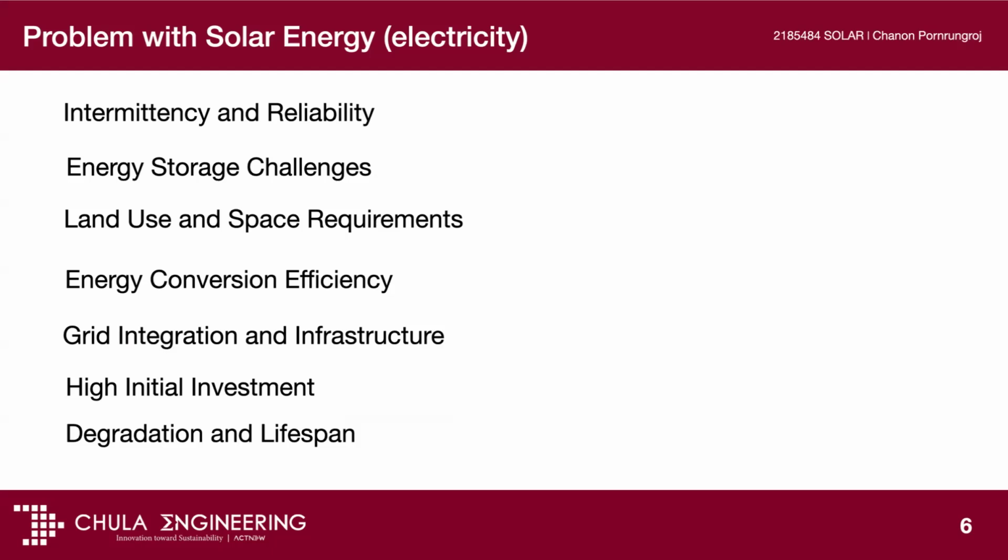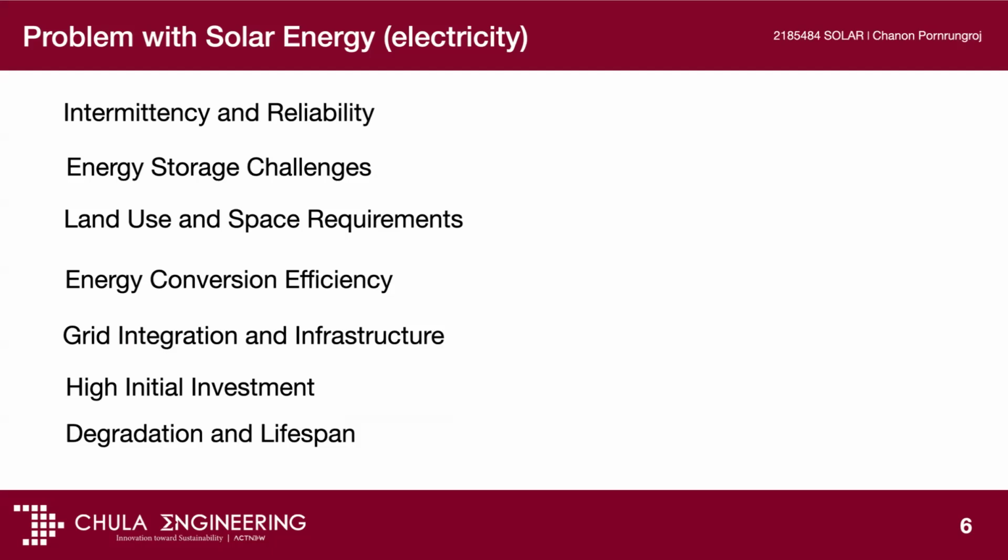And of course, the initial investment is one of the things, and the degradation and lifespan. This is a very important issue that not many people talk about: a solar panel has a lifespan of 30 years. That's what the papers say. But in reality, in Thailand, heat and humidity degrade the solar panel faster. So in Thailand, we're talking about 20 to 25 years, right? And all those stacked structures of the solar panel are very hard to recycle.